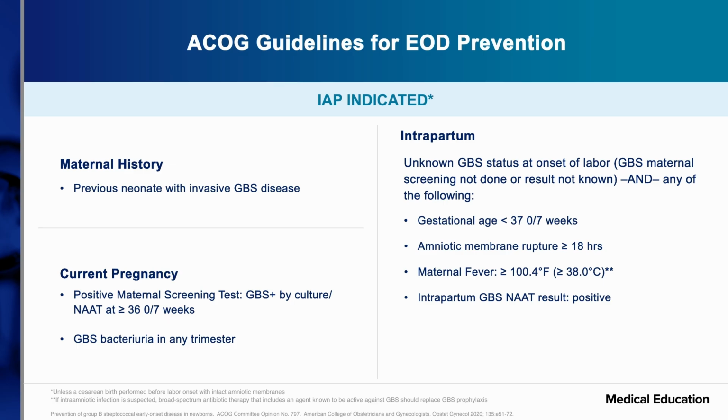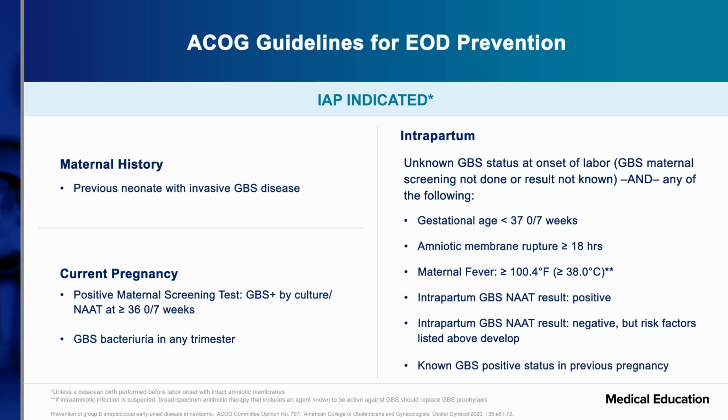Also a test done at almost point of care or at time of delivery that's negative, but there are still risk factors, because we know there's a sensitivity issue with that, which we'll talk about moving forward. And unknown GBS status with a positive status in a previous pregnancy. It's really important. IAP is also indicated.